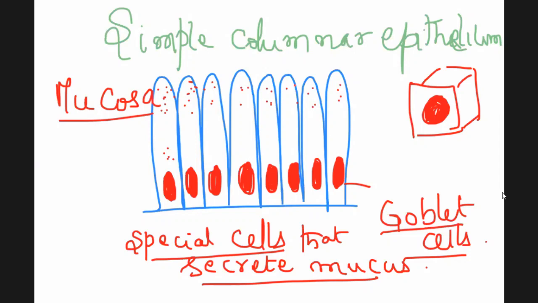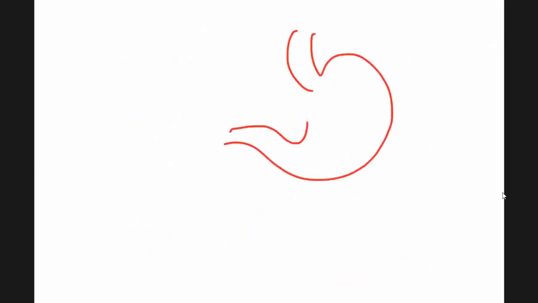Note down the meaning. Mucosa is a mucus secreting membrane of the stomach and intestine. This is the stomach, and this one is the intestine. This is the cavity. This is the wall.